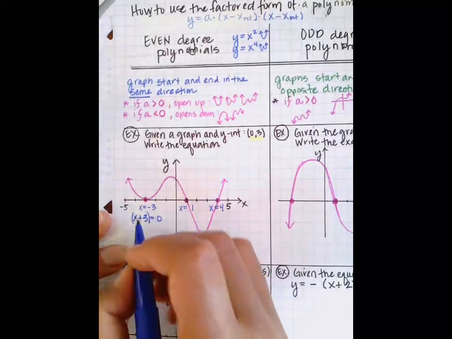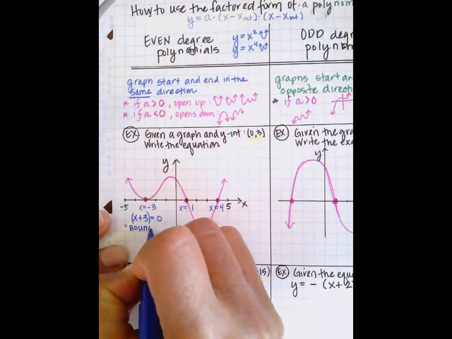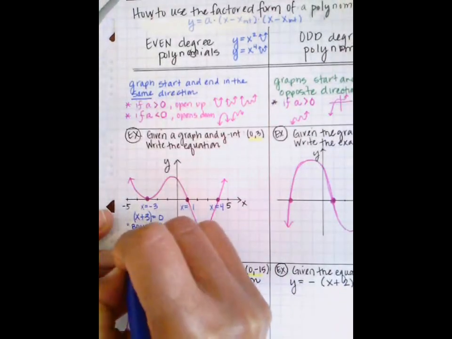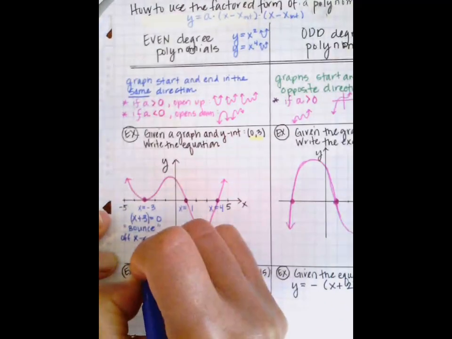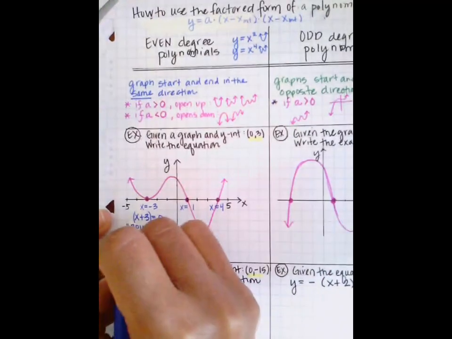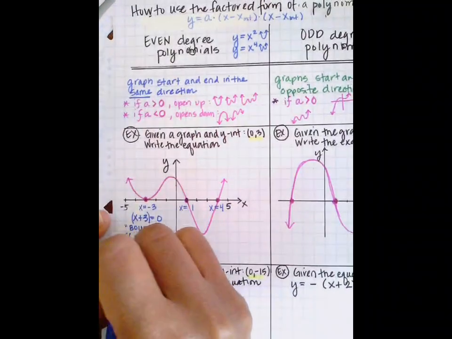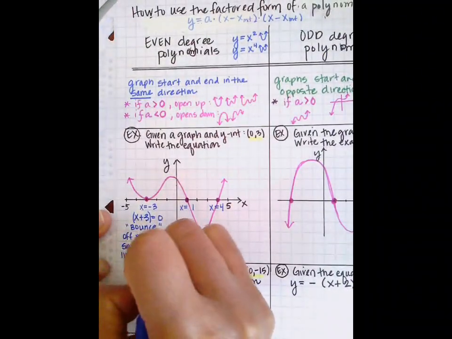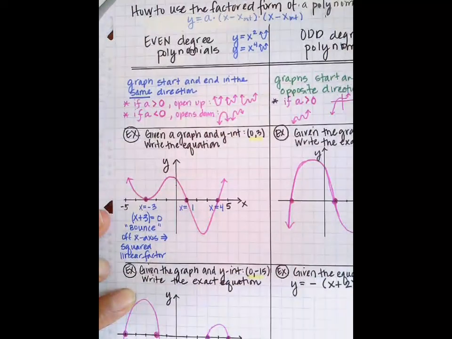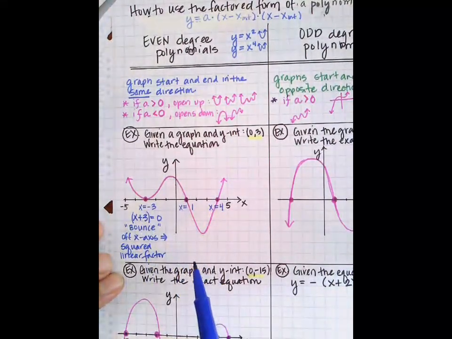And the other thing that I wanted to say here is that this graph, we've learned, is a bounce off the x-axis. And what that implies is that there's going to be a squared linear factor that corresponds to that particular x-intercept. And so I can use all these pieces of information as clues to write the equation.